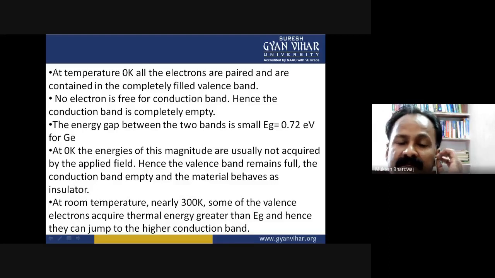So the thermal energy provides the thrust to cross over the threshold, that is the Fermi level, and the electrons start to jump from the valence band to the conduction band. And in this way, by acquiring a sufficient amount of energy, electrons take participation in conduction.